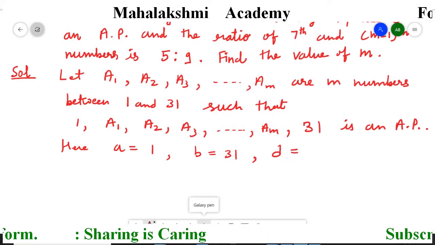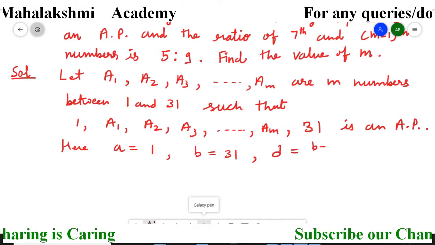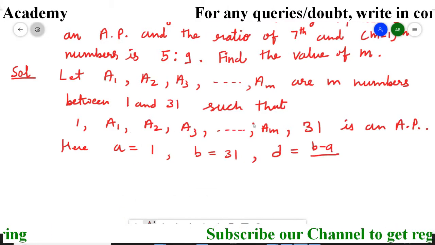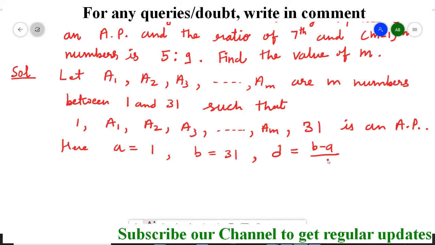The common difference is d, and that formula is b minus a upon the number of means introduced plus 1. So how many means have we introduced here? m. So here m plus 1 will come.